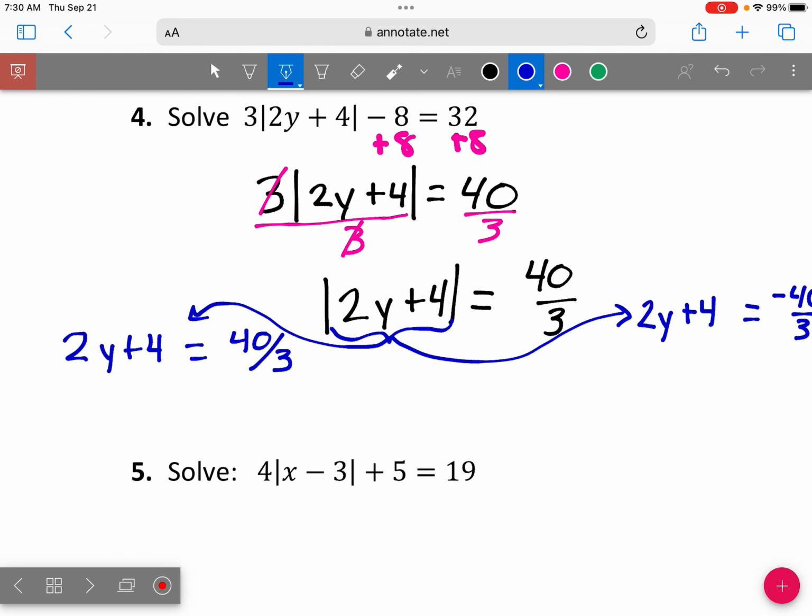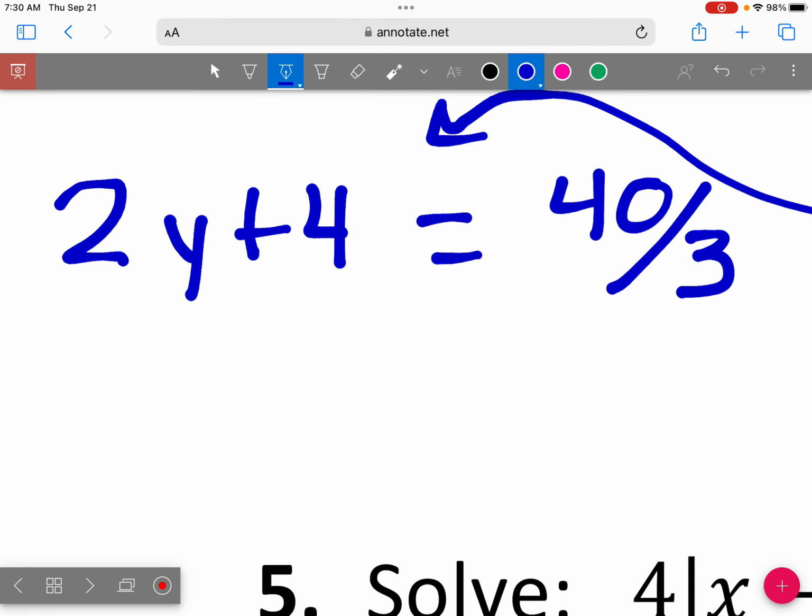So that's where we have our split. So we isolated our absolute value, then we split it into our two possible cases. From there, we just solve each one of them.